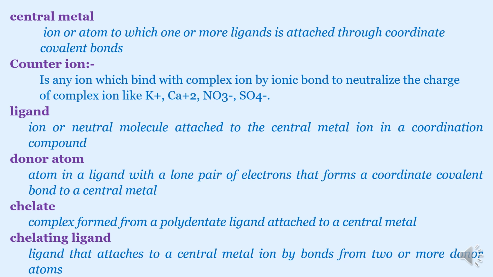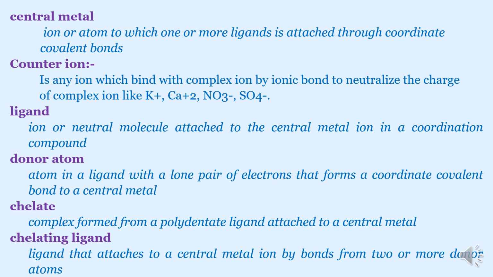Chelate: a complex formed by a polydentate ligand attached to the central metal atom. Bidentate or higher ligands have the ability to form chelates with the central metal atom because they have more than one donor atom.